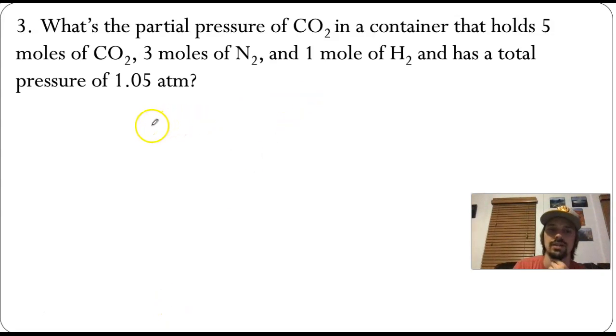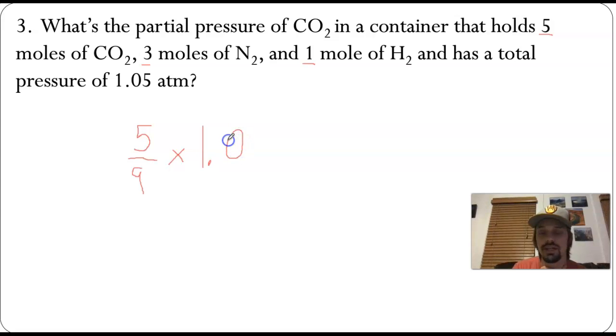Well, it says 5 moles is carbon dioxide. 5 out of what? 5 out of 9. How do I know that? It says 5 moles carbon dioxide, 3 moles nitrogen, 1 mole hydrogen. So 5 out of 9 moles is carbon dioxide. So 5/9 of that total pressure, 1.05, is carbon dioxide.